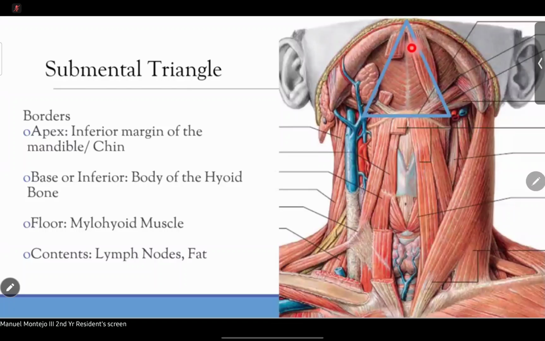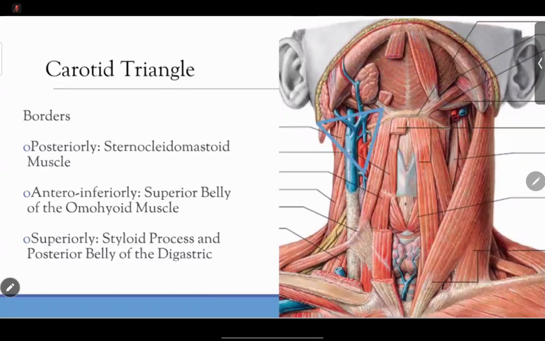The lateral boundaries would be the anterior bellies of both the left and right digastric. Its contents are primarily lymph nodes and also fat. That's what you see in a double chin, mostly fat.